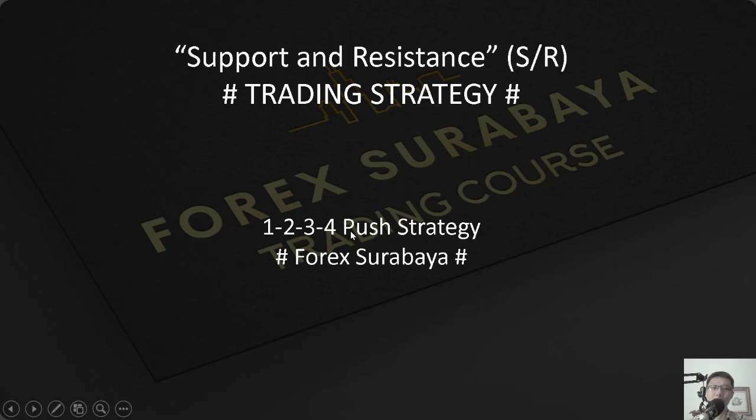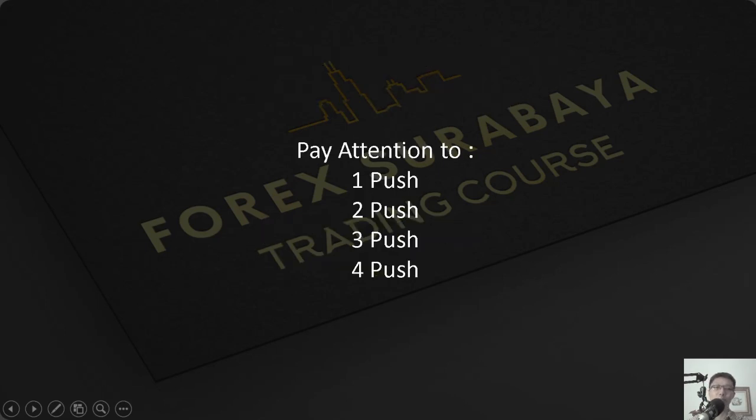Sorry, 1, 2, 3, 4 push strategy. Okay. Pay attention to 1 push, or 2 push, or 3 push, or 4 push. This 1, 2, 3, 4 push is a very common push that price likes to make. You have to be aware when there is a 1 push, 2 push, 3 push, and 4 push.